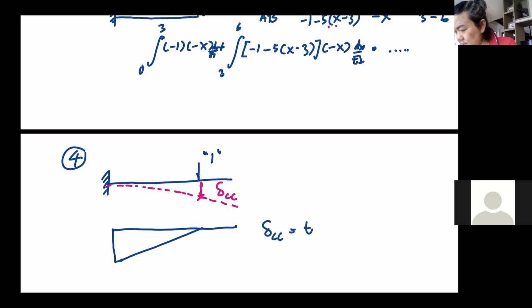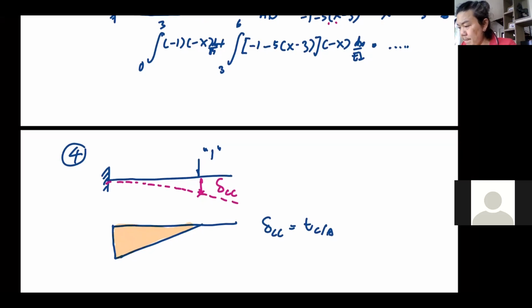My delta CC is also equal to TCA, and this is the area. It is going to be equal to 1 over EI times the area. If the load is 1, you have the length of 6 meters to the support, so this is -6. The area is a half multiplied by -6, and the length of the base of your triangle is also 6.